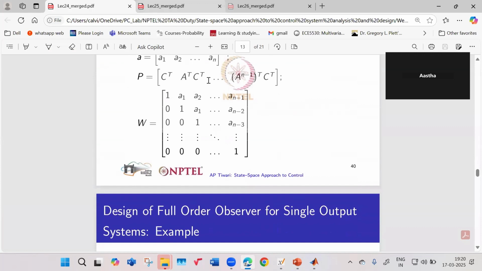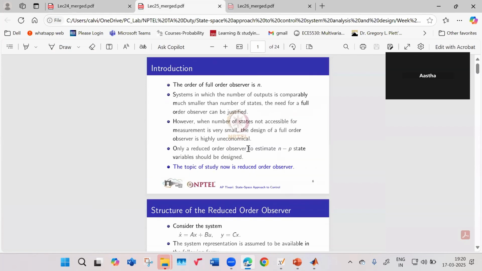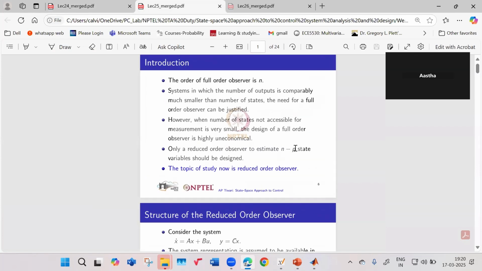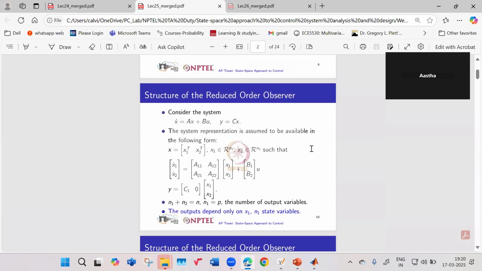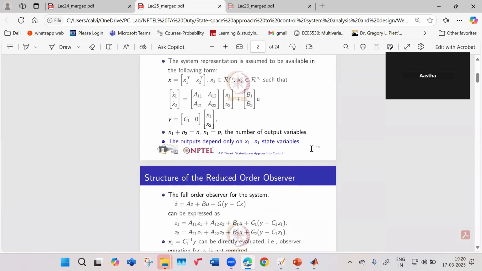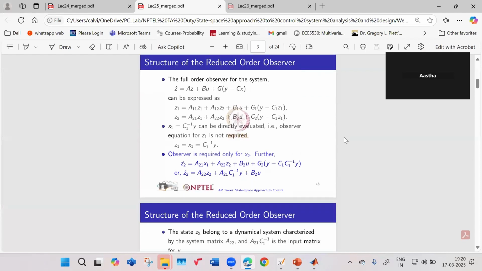Here is lecture 25. This deals with the reduced order observer, which is its structure and further aspects regarding it.